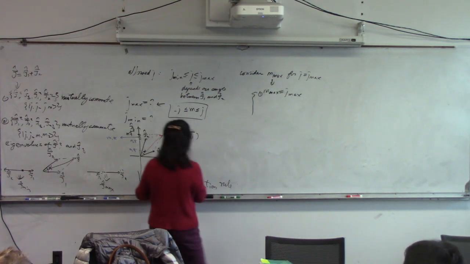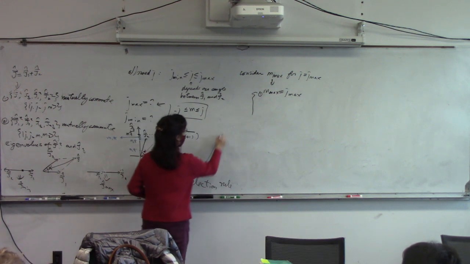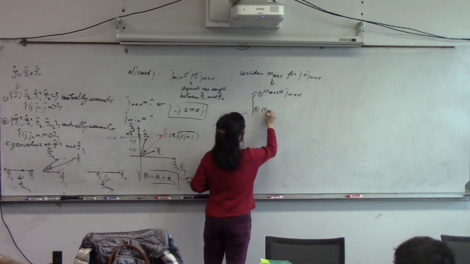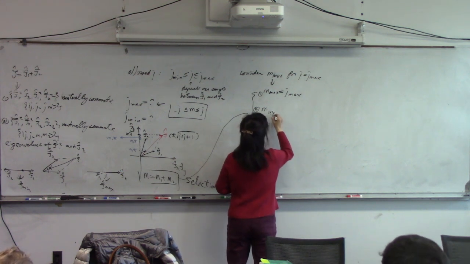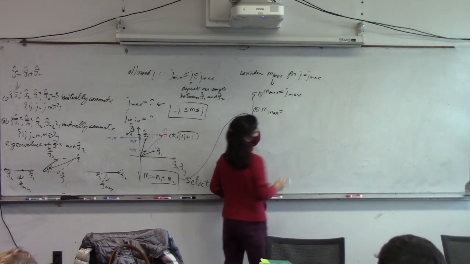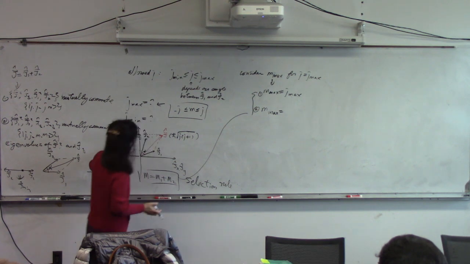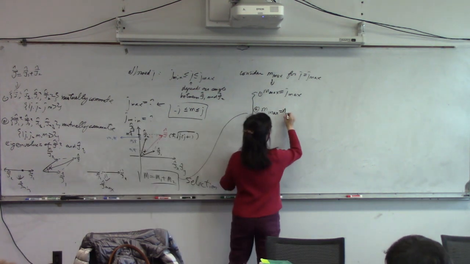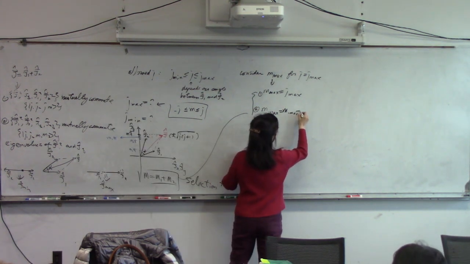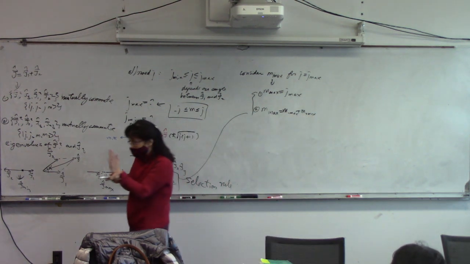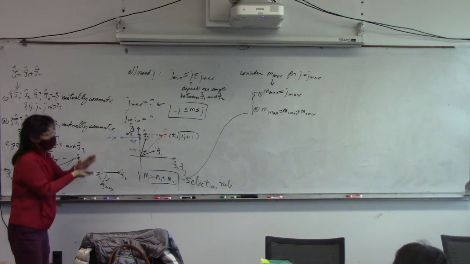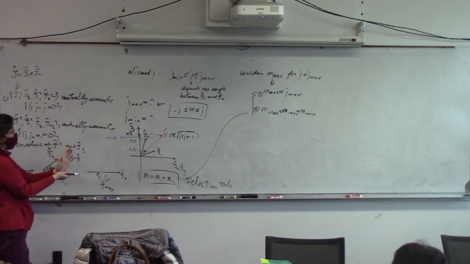Second, from here. So from here come to here, M max should be M1 max plus M2 max, right? The max value of M corresponds to the max value of M1 plus the max value of M2.